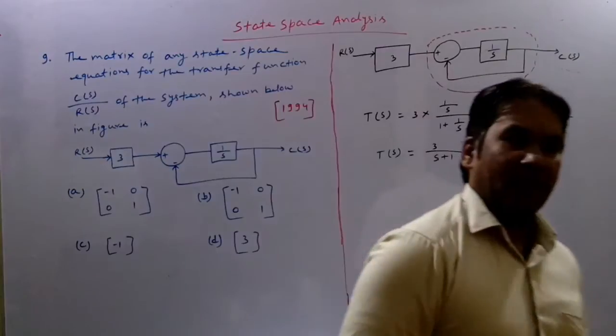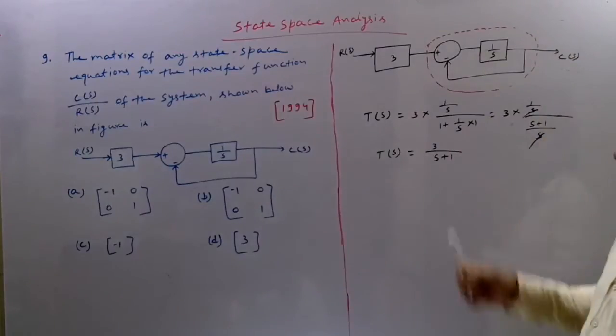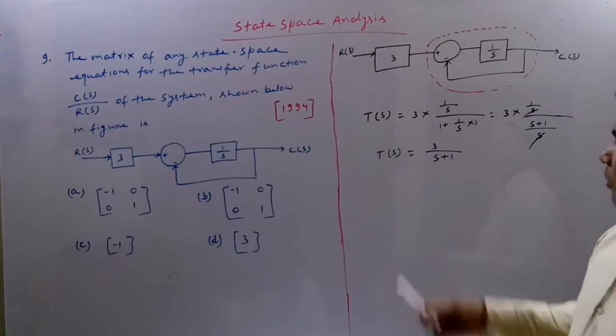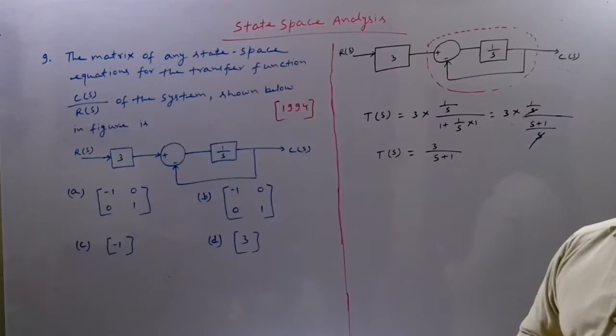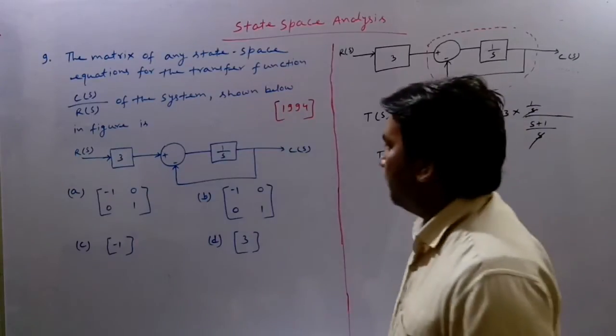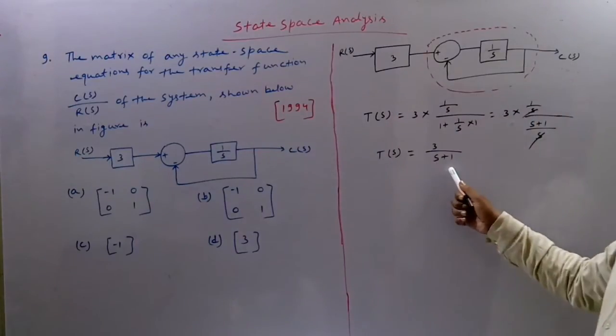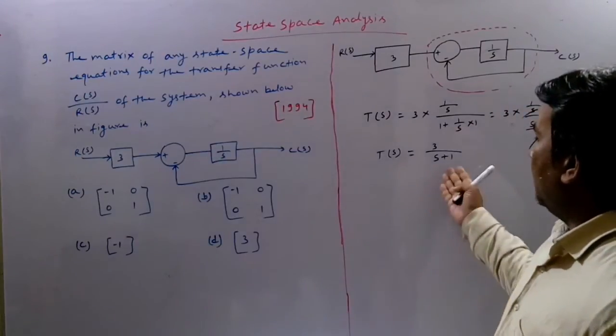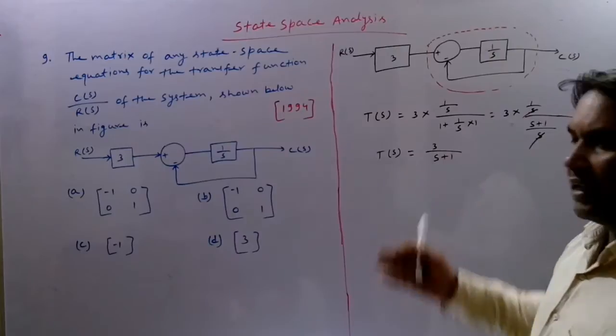Now this is a first order system, and if we write the state space equation for this system, then the system matrix A will be first order, and it will be nothing but minus 1.